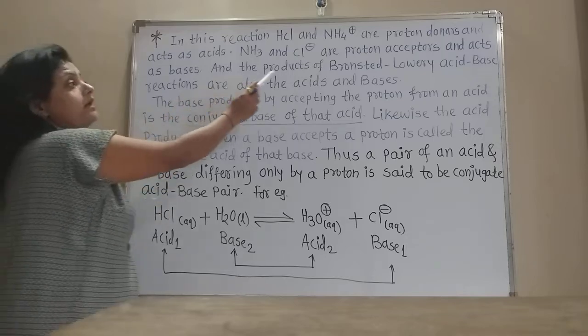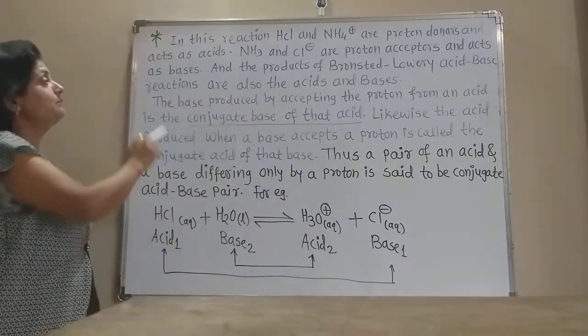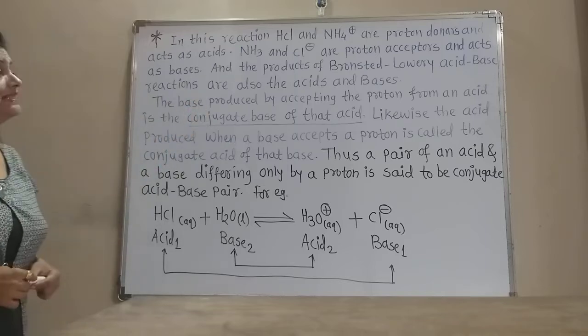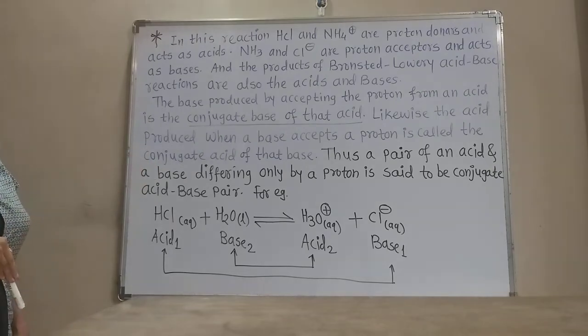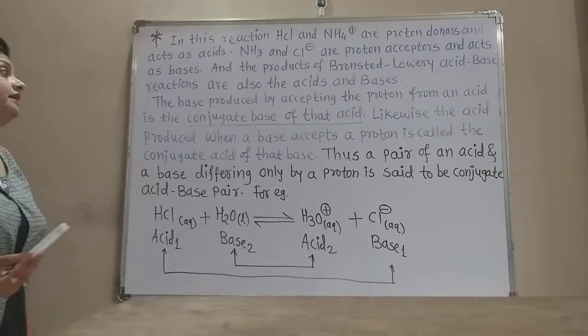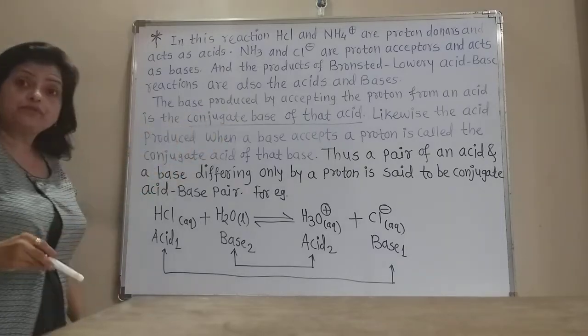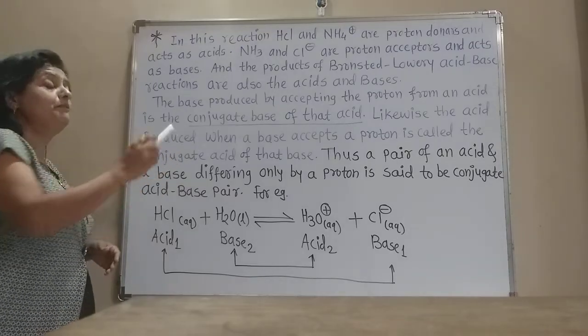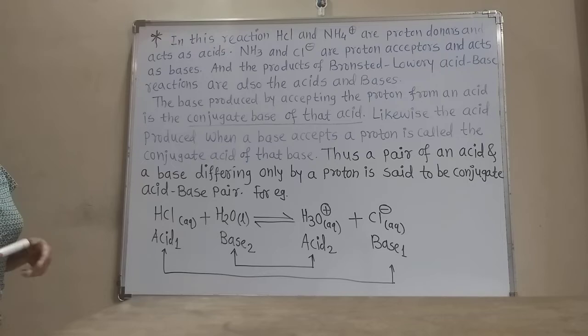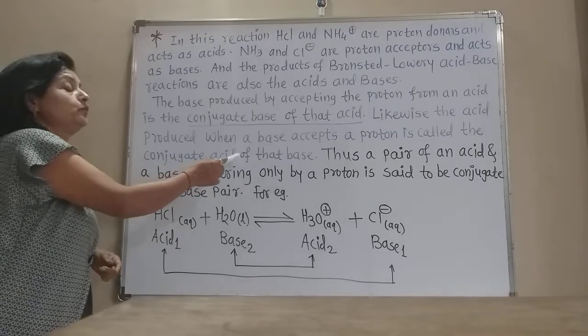The base produced by accepting a proton from an acid is the conjugate base of that acid. And likewise, the acid produced when a base accepts a proton is called the conjugate acid of that base.